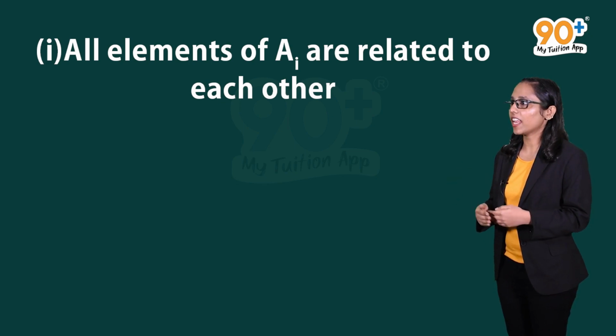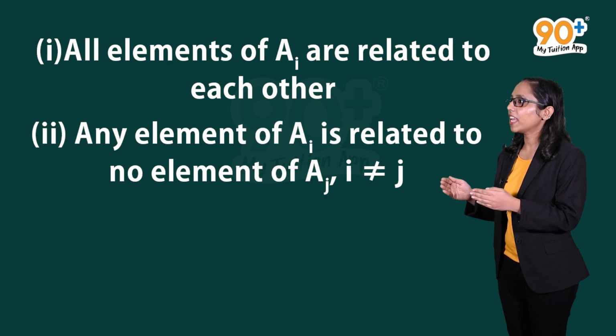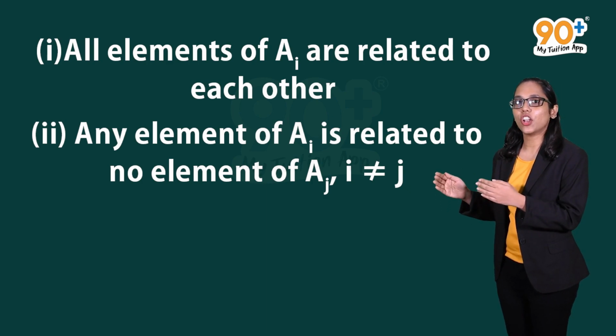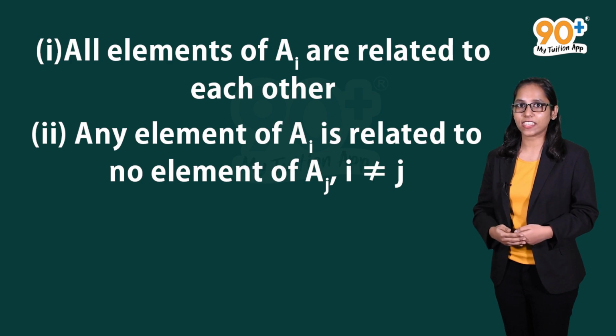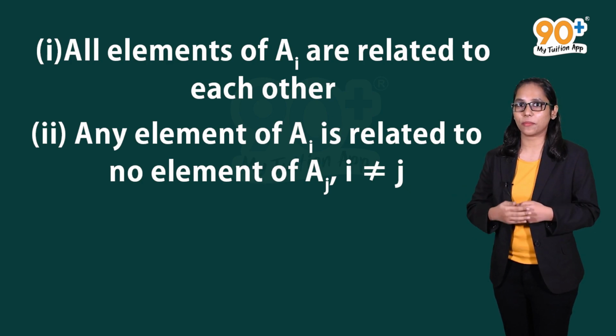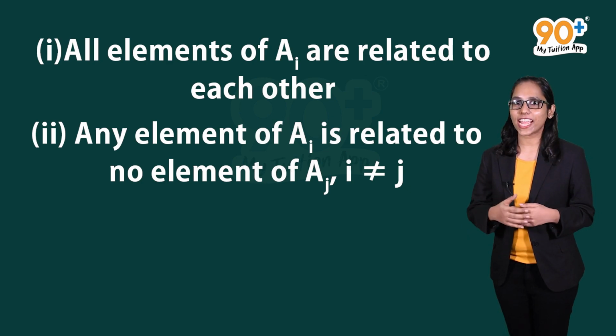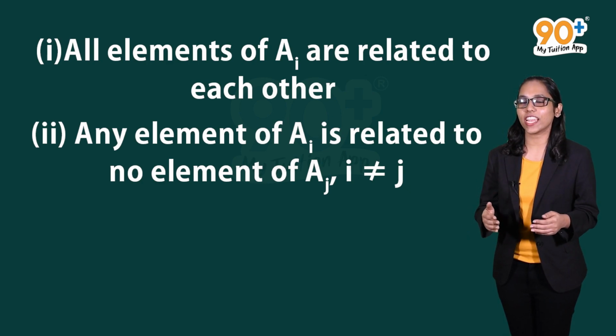Also, we can say that any element of Ai is not related to any element of Aj if i is not equal to j. That is, if we take any two elements from any two distinct sets, then the elements are not related if i is not equal to j. Also, we can say that each of the sets is mutually disjoint.